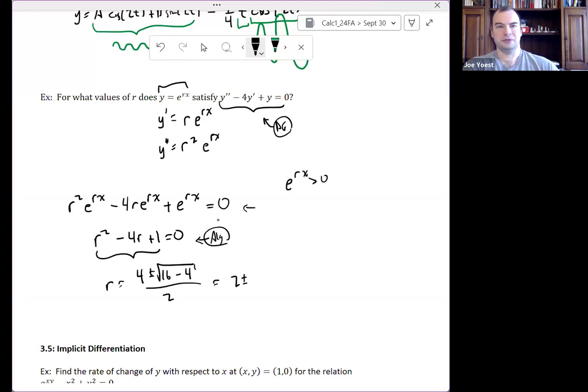That's the square root of 4 times 3 over 2. The 4 comes out as a 2. That's just square root of 3. So r equals 2 plus square root of 3. That's one number for this parameter that would satisfy this differential equation. R equals 2 minus square root of 3 is the other. And no other R is going to satisfy this.